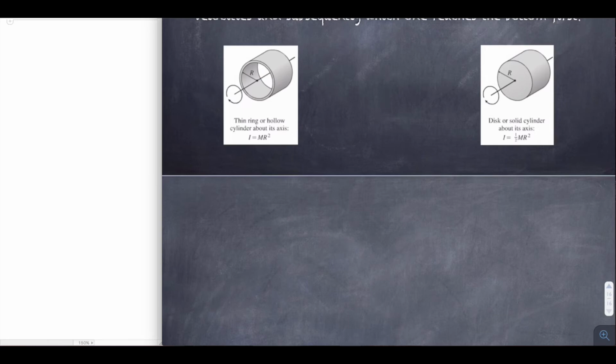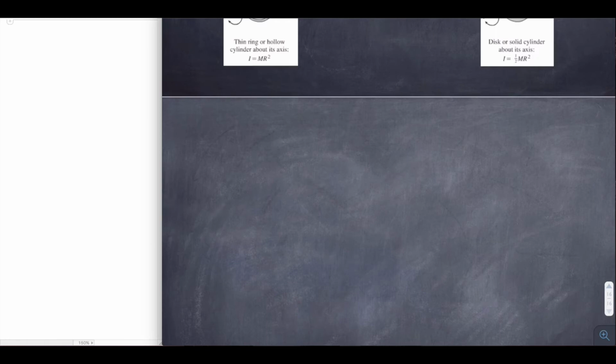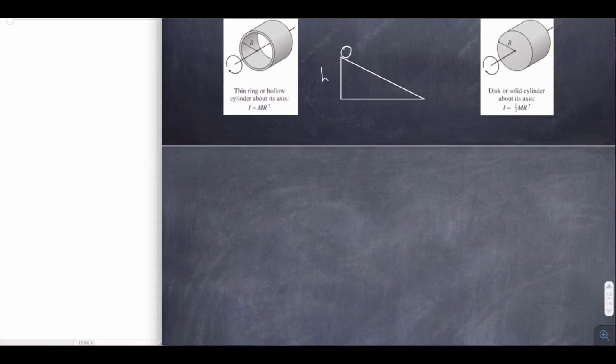So let's take a look here. Again, we're doing the same scenario here. We're going to drop either the solid cylinder or the hoop from height h here, and then down here we want to know what v is going to be.